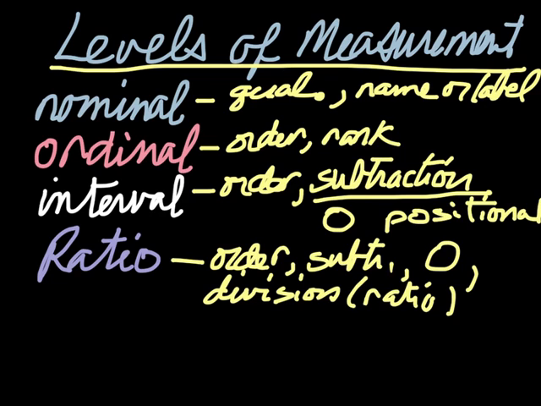Subtraction makes sense. 50 minus 30 degrees leaves 20 degrees warmer for 50 degrees, but the 0 is only positional. It doesn't really have a meaning. For instance, 0 degrees, it doesn't mean that there's no temperature.